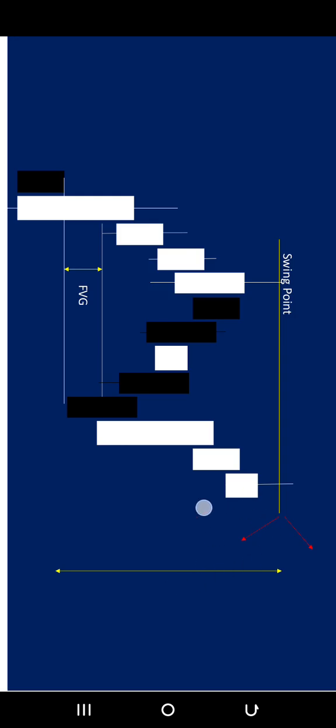So what you should do is just place your trade here, then you exit before price gets into the swing point. It is as simple as that. Then you wait to see the reaction of price within this space. If price continues to move upward, then you wait for a new fair value gap to be formed, then you enter off of that fair value gap and continue to ride it upward to the next swing point.